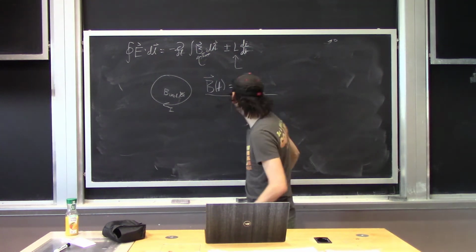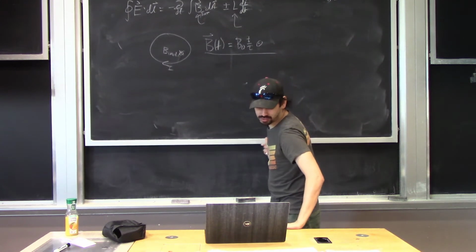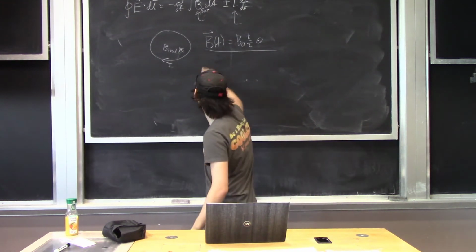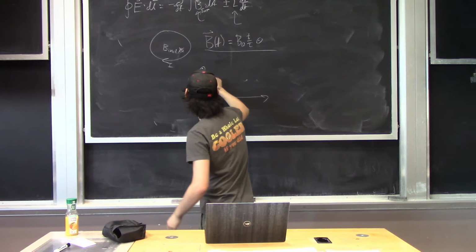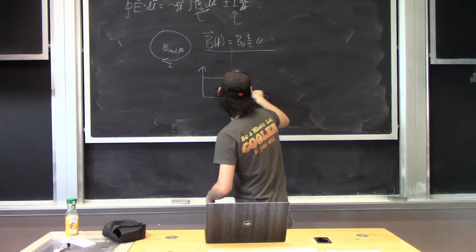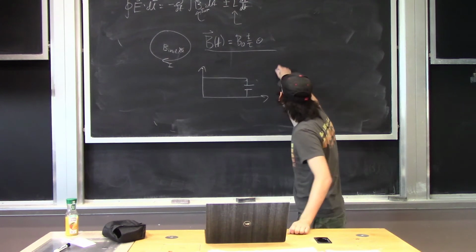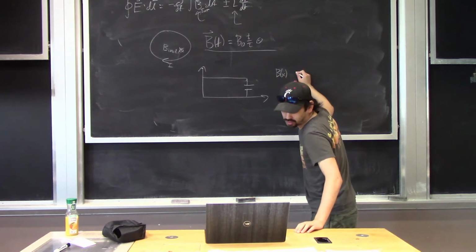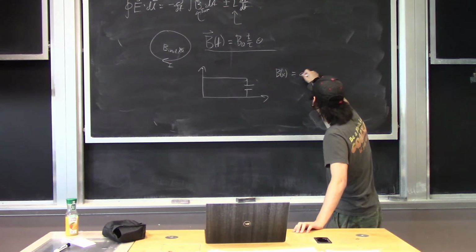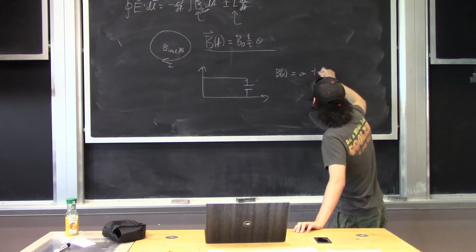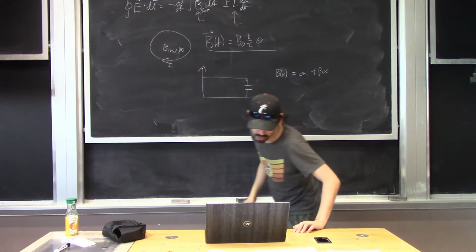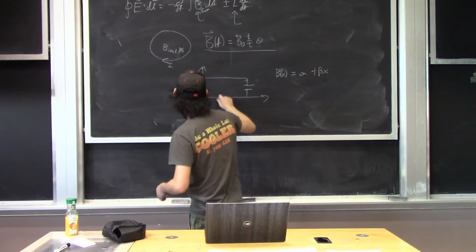Okay, so this question says that you have some loop here like this that has a capacitor and some magnetic field B as a function of x, which is equal to alpha plus beta x, and this has some dimensions of h times d.